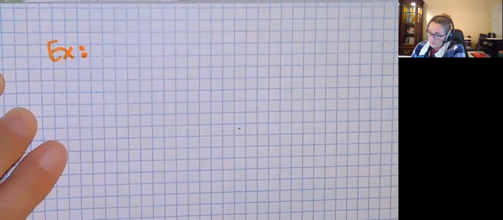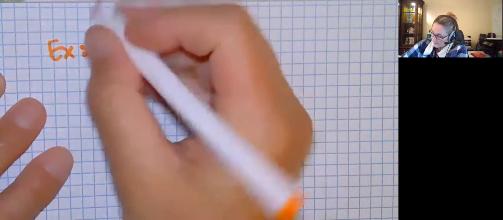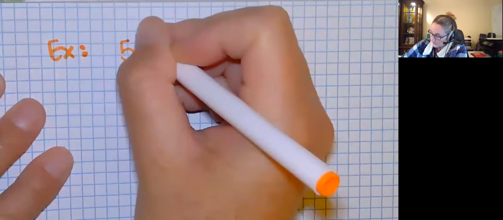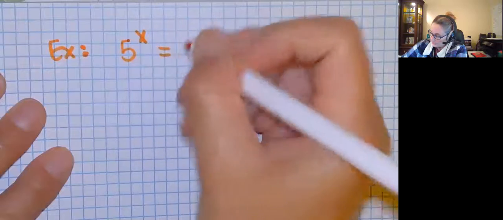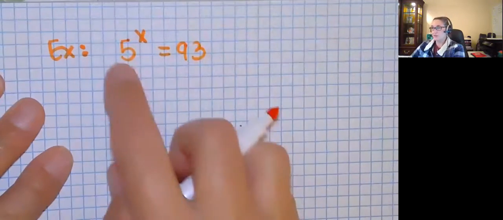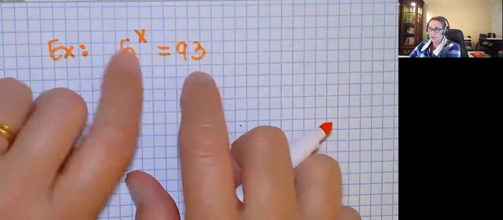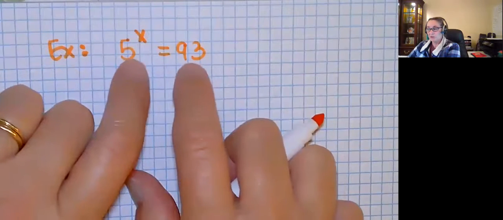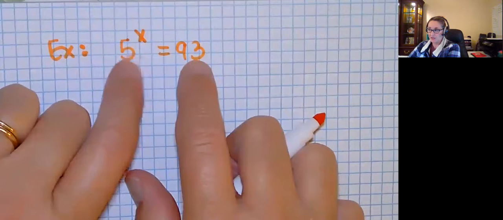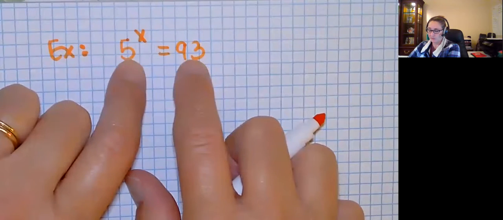So let's say we have 5 to the x is equal to 93, something like this. 5 to some power gets us 93. Now, the way we were solving these up to this point was I was trying to get both sides to be the same base, but 5 and 93 will not be the same base.